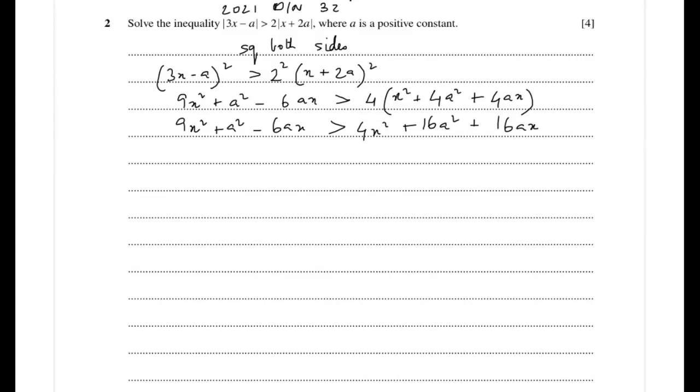Simplifying this, gathering the like terms, we get 5x squared minus 22ax minus 15a squared is greater than 0.